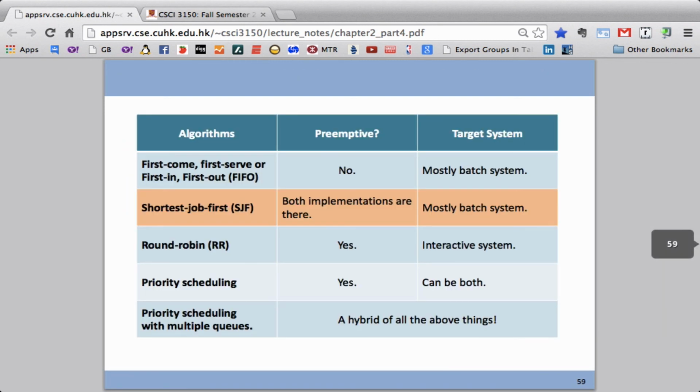So shortest job first, which is easy. How easy is it? Basically, we can schedule ahead. We look at the schedule at the current moment, then pick the shortest job and schedule it, and until it finishes, I won't schedule other tasks. Or you can have a second choice, which happens a lot in real life.